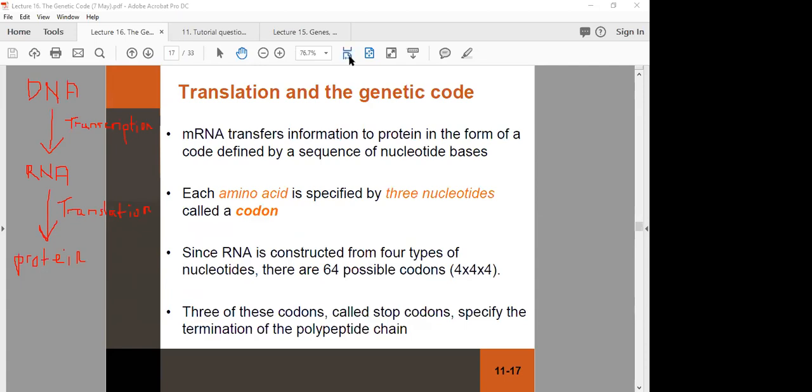Let me show you something here. So let's say that the nucleotide sequence in our messenger RNA, oops, it wouldn't be a T, it would be an A, went something like this.